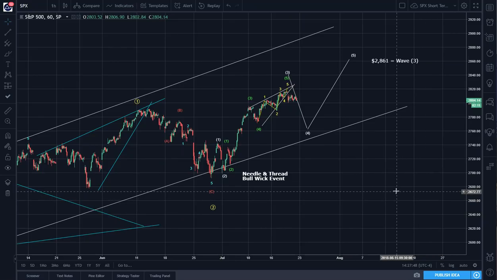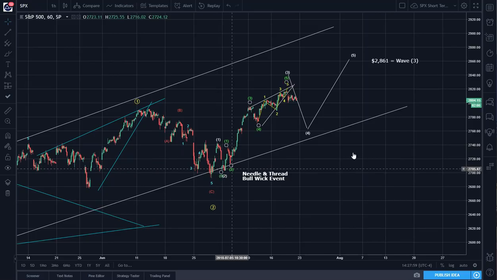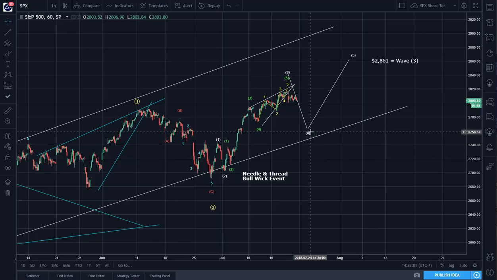There's an alternation between 2 and 4, where if wave 2 was simple and quick and near vertical, then usually wave 4 will be more sideways, a little more complex, and not as quick. And I believe we are already seeing the sideways kind of price action for wave 4 onset.